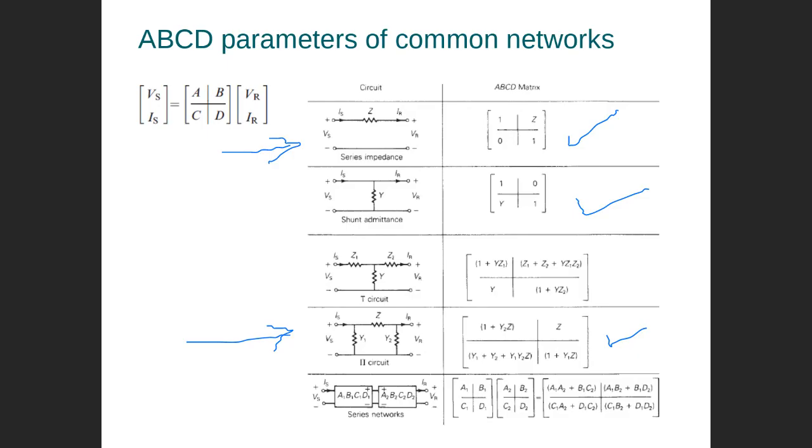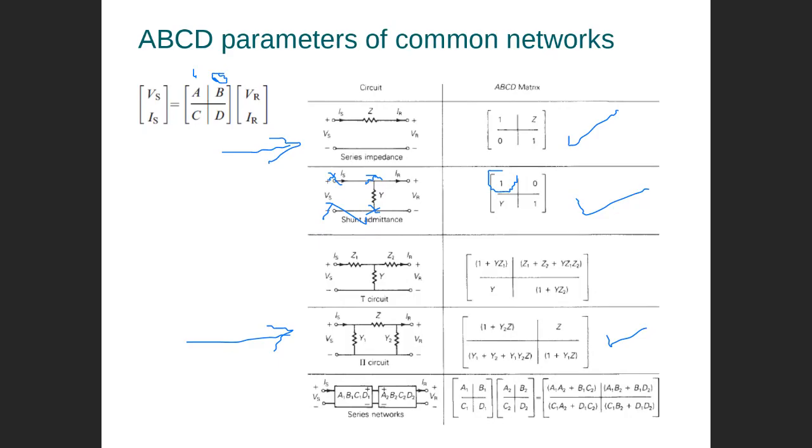VS from here to here is the same as VR, because VR is also from here to here. Therefore A will be 1 and B will be 0, because VS equals VR. So VS equals A times VR plus 0 times IR, which means VS equals VR.